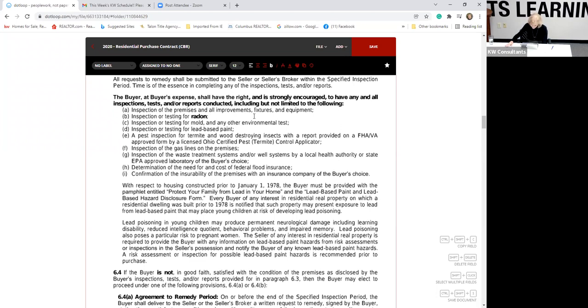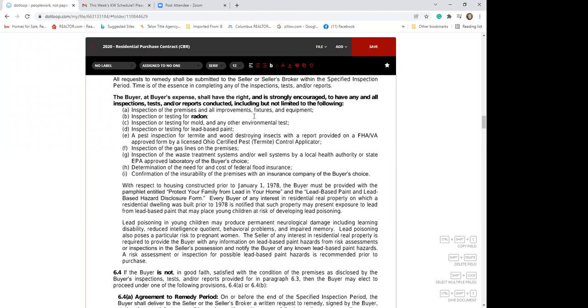Gas lines, usually not. Waste treatment system, yes. If they have a well and septic, you really do have that checked. Determination of the need for the cost of federal flood insurance. If you have a property in a flood zone, then you have to pay extra money to have it.